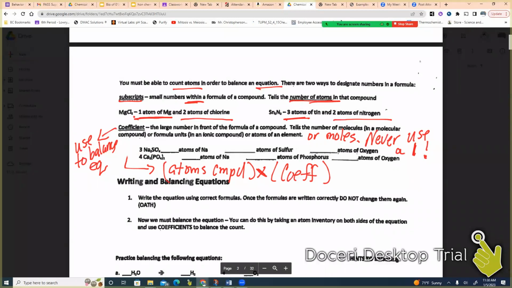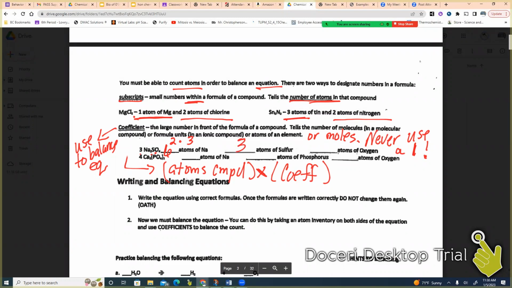So if I look at this one, sodium sulfate, to start off with, sodium has 2 atoms. I have my coefficient of 3, so 2 times 3 would give me a total of 6. Sulfur, I have an assumed 1. 1 times 3 would give me 3 atoms.